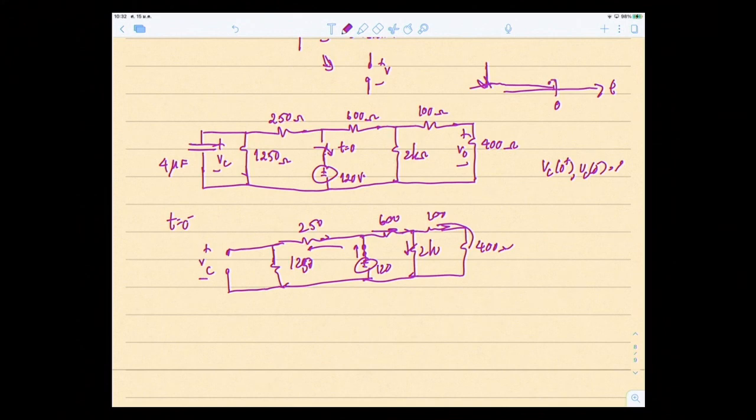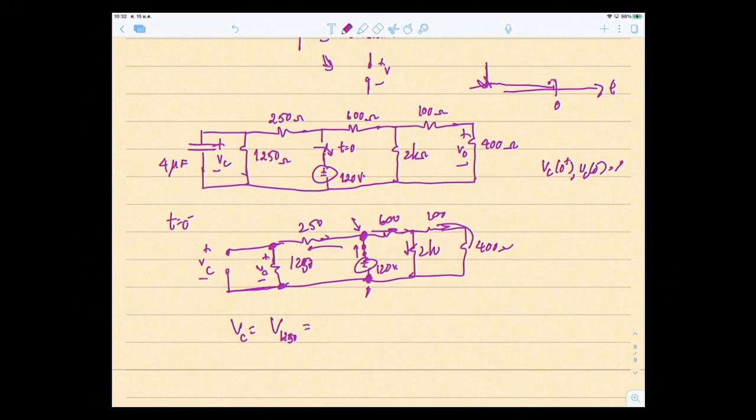So if you now have to analyze this, VC is nothing but the same as this point. So VC is the voltage drop across the 1250 ohms. Okay. Now, if you look here, the voltage across these 2 points is simply 120 volt.